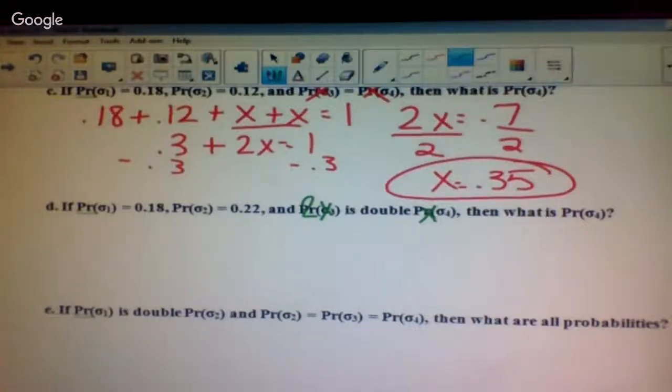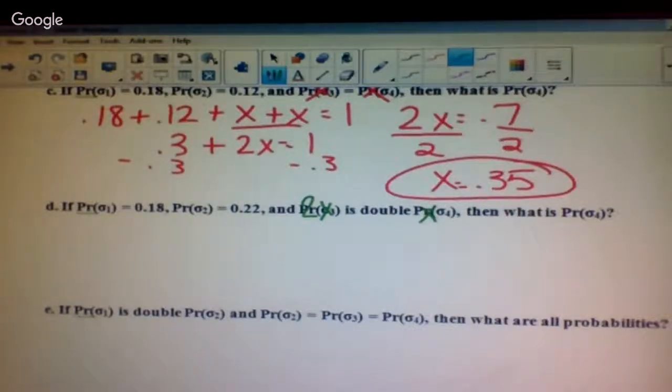Can't even remember what chapter it was. Remember when I told you to assign your lowest one its variable first, and then go from there? I don't remember what chapter it was, to be honest with you. So, event 3 is double event 4. Which one's my lowest one? Event 4.